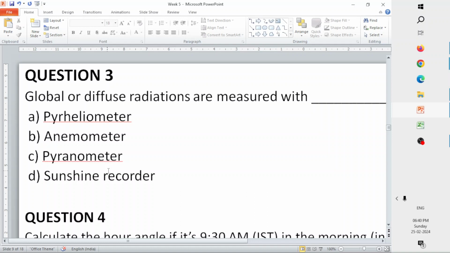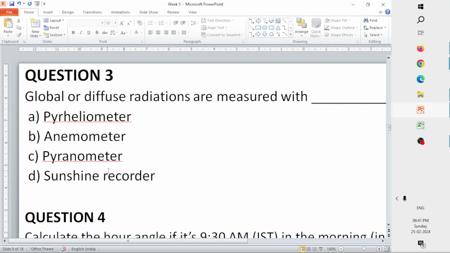Anemometer is something that is not dealt with solar radiation. It is specific towards wind energy or wind speed. The anemometer actually measures the direction and the speed of the wind.